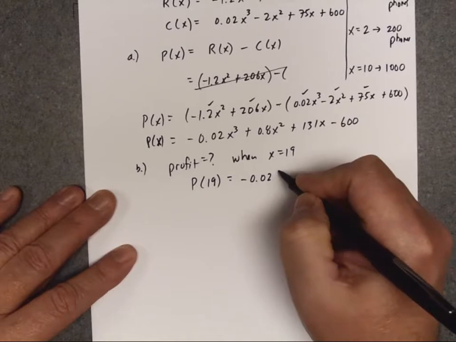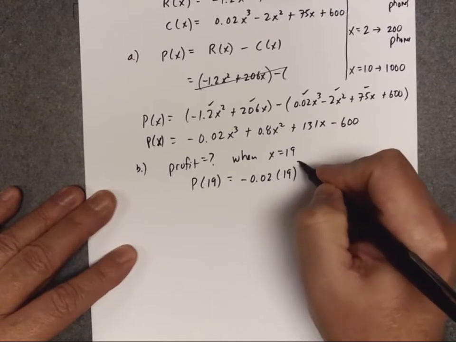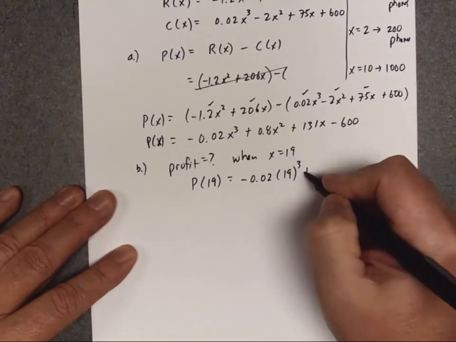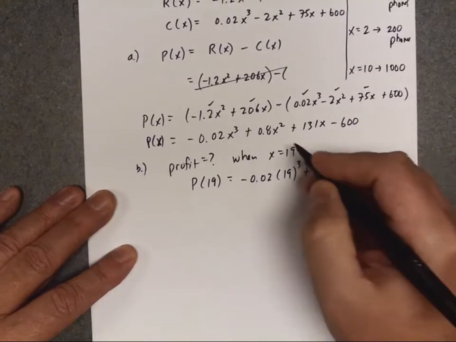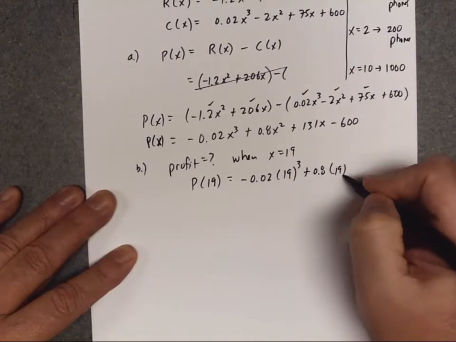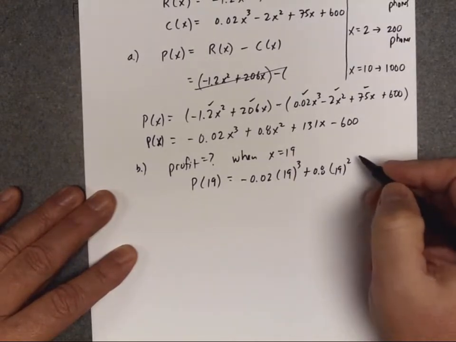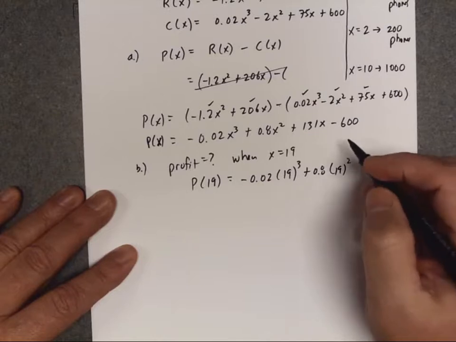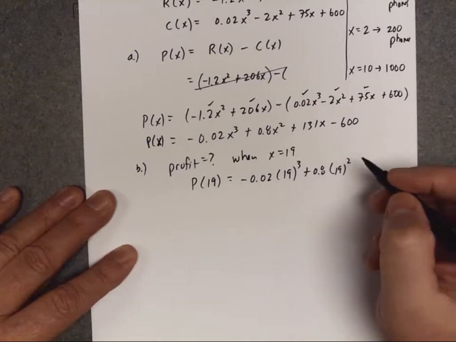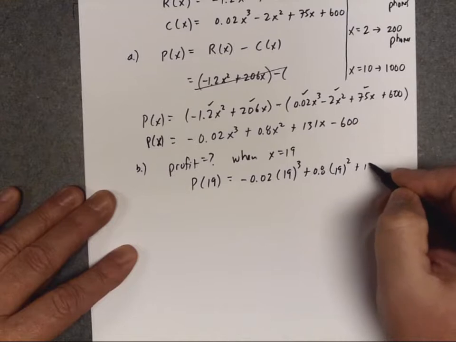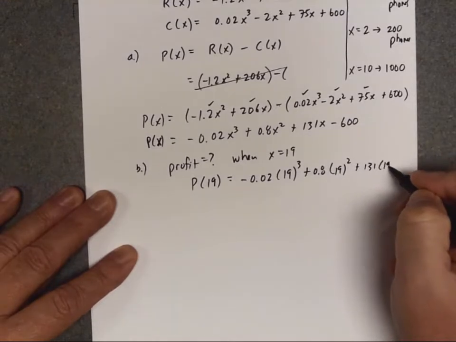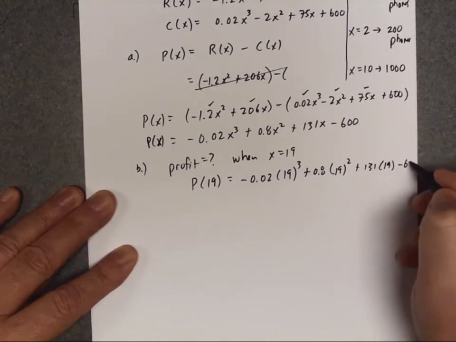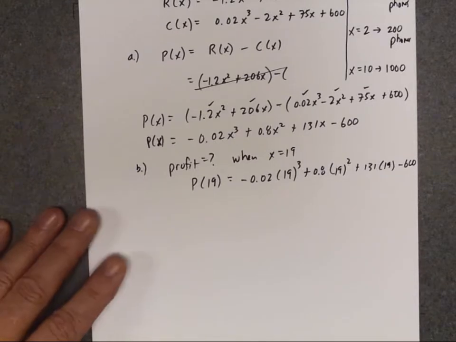So this is negative 0.02 times 19 cubed plus 0.8 times 19 squared plus 131 times 19 minus 600. Wow.